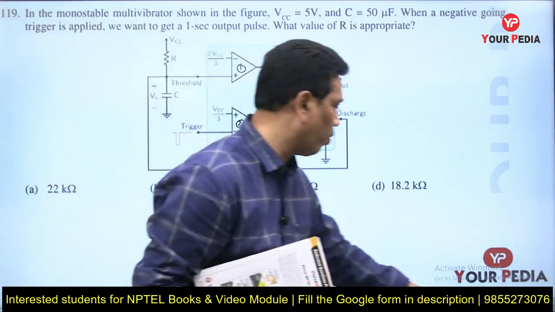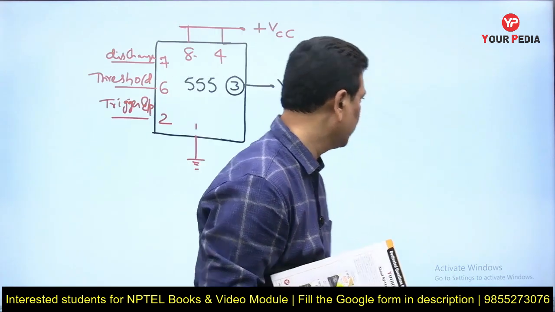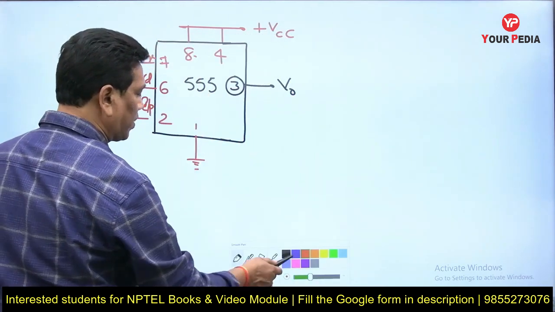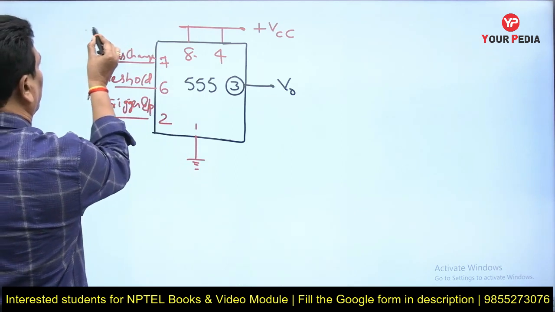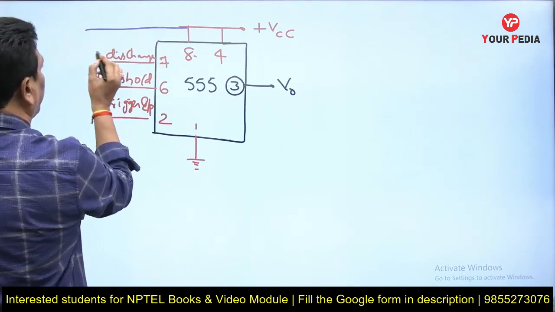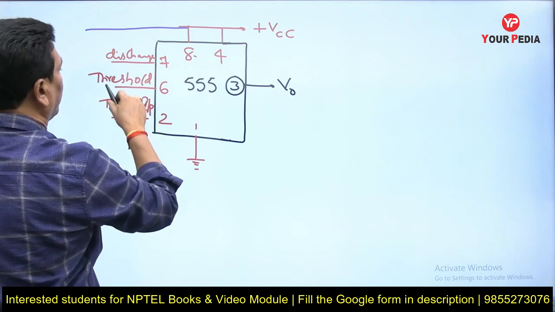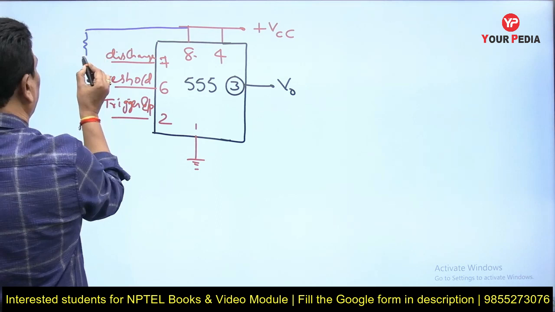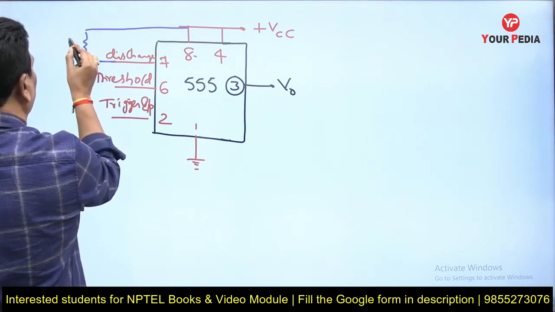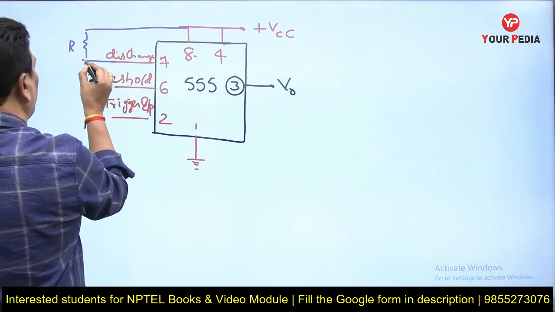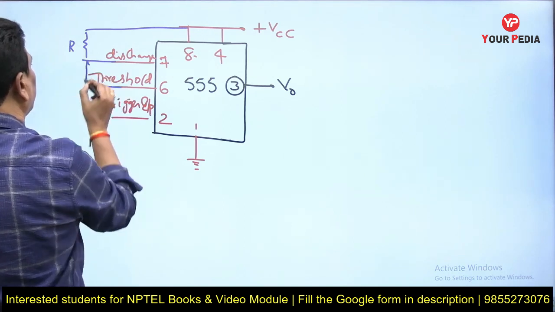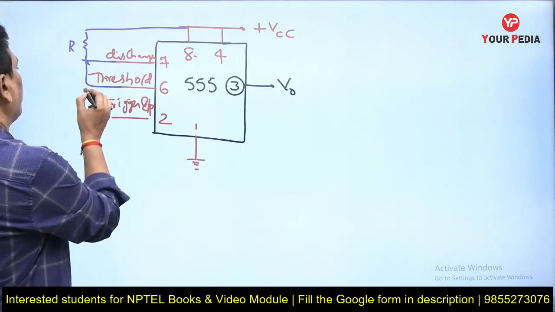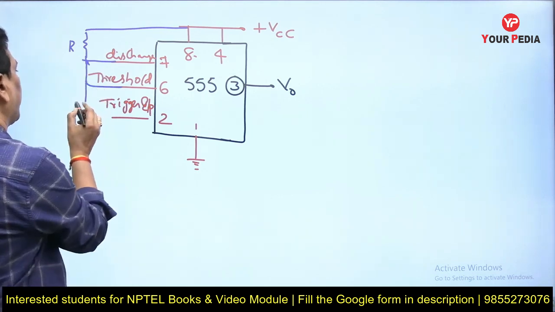Between the VCC supply and the threshold terminal you are connecting a resistor. Confirm? And here you are connecting a capacitor. The capacitor should be connected there.